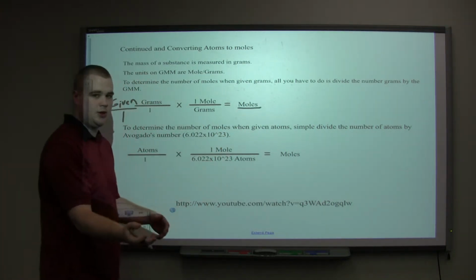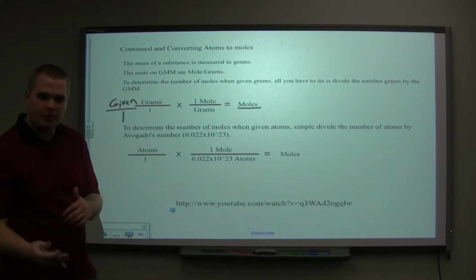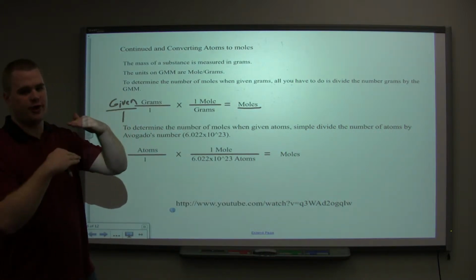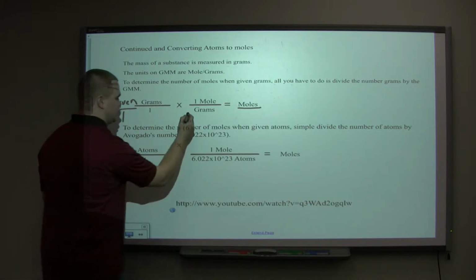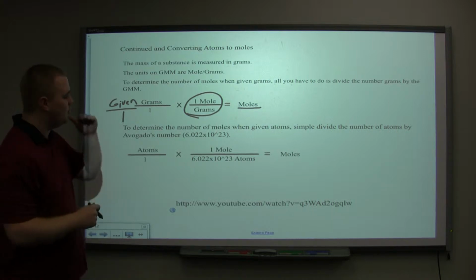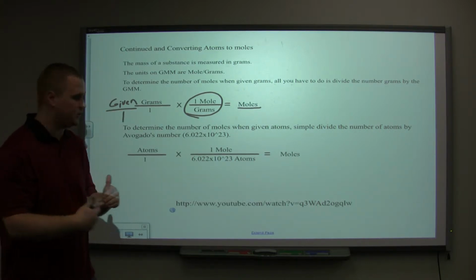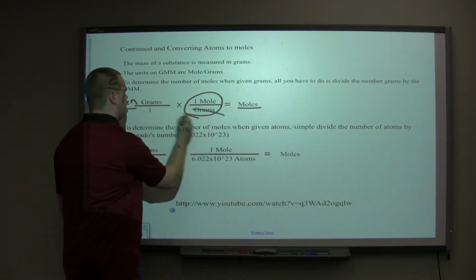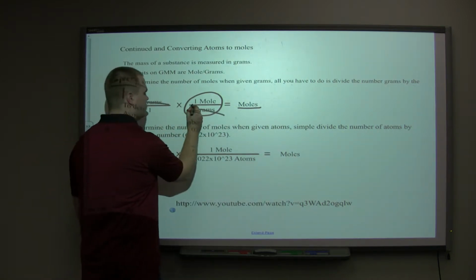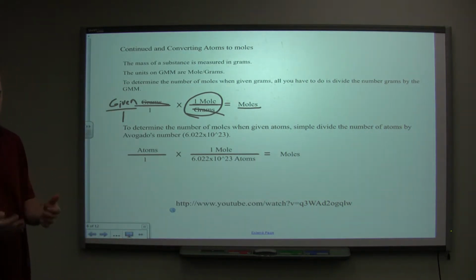That's what you're trying to get. So to get rid of grams, you have your gram molar mass. Your gram molar mass is moles over grams, shown right here. And when you multiply by 1 mole over the gram molar mass, the grams cancel out, and you're left with moles. That's if you're given grams.